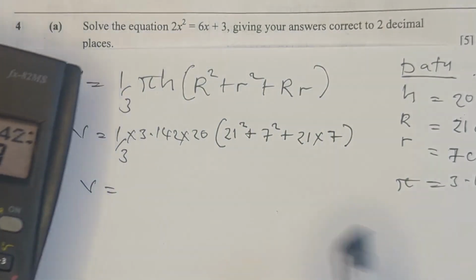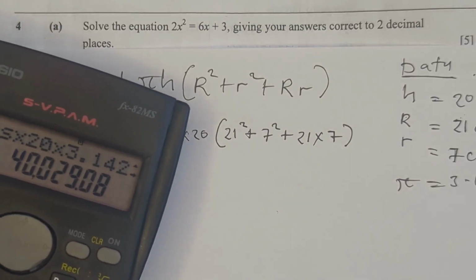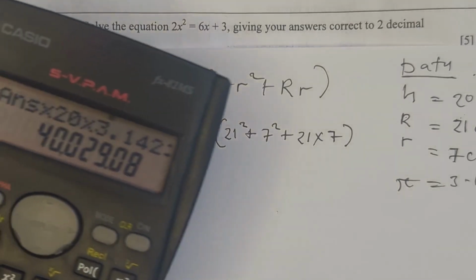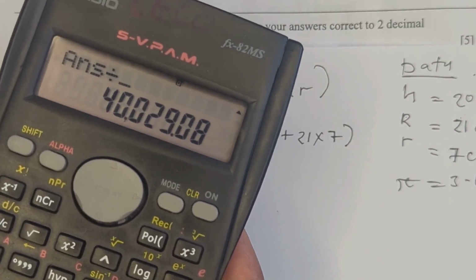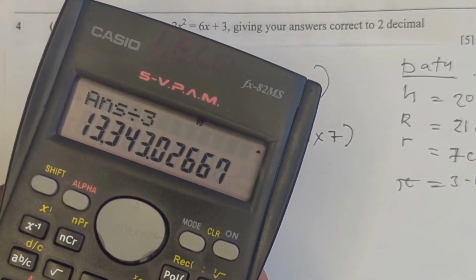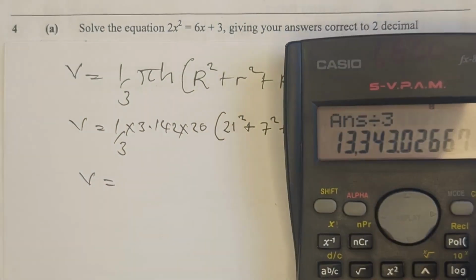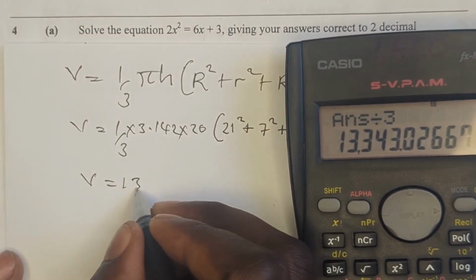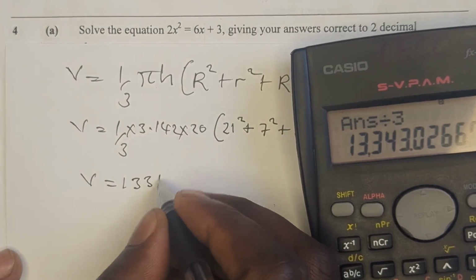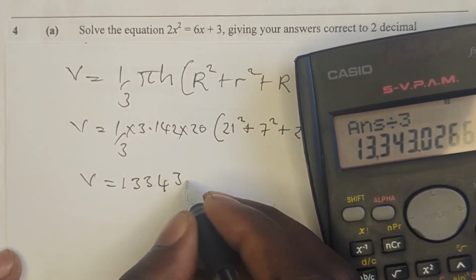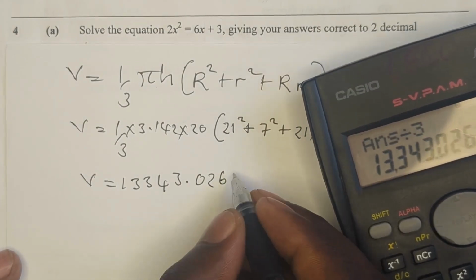Now, since here we have 1 over 3, we are going to divide the answer that we have obtained by 3. So this is the answer, 13,343.026.